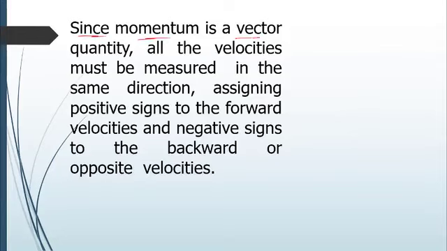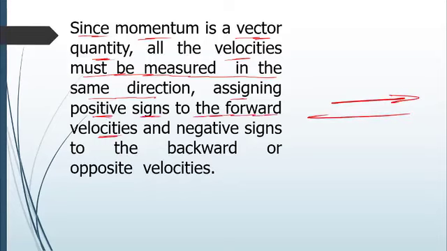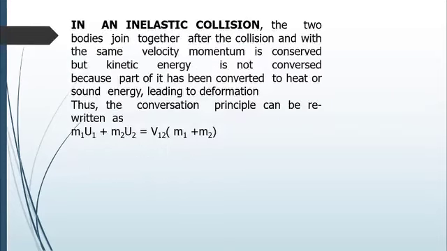Since momentum is a vector quantity, all the velocities must be measured in the same direction. This means that we are going to assign positive signs to the forward velocities and negative signs to the backward or opposite velocities.